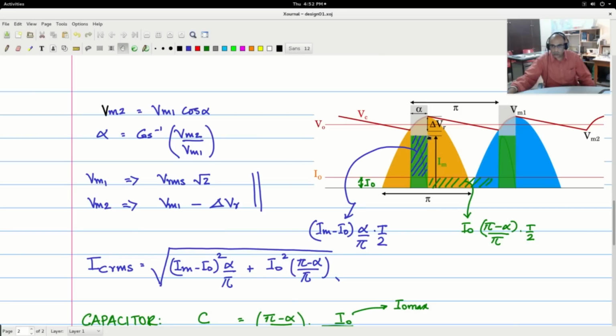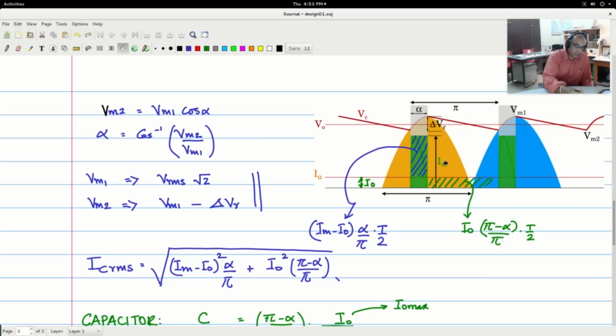The average value through the diode: you see that through every diode it flows through alternate cycles. Through D1 and D4 it will be through this, D1 and D4 again in the next yellow half cycle. D2 and D3 flow here, and D2 and D3 will again flow in the next blue half cycle. Therefore the average for this is Im, with duty cycle not α/π but α/2π, because this repeats every 2π.